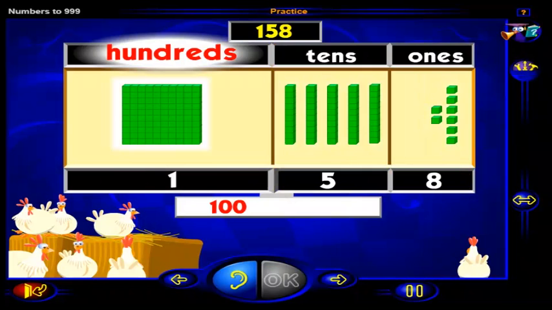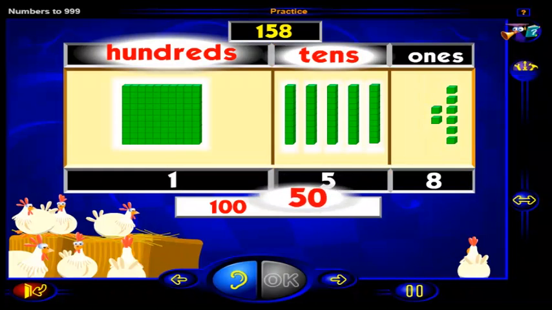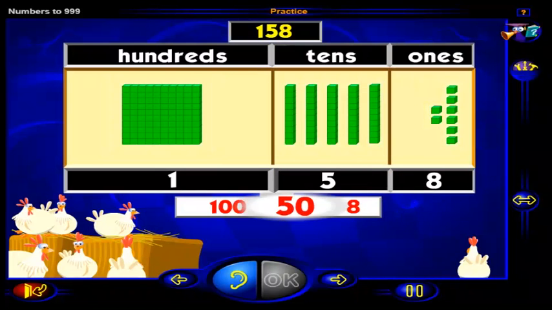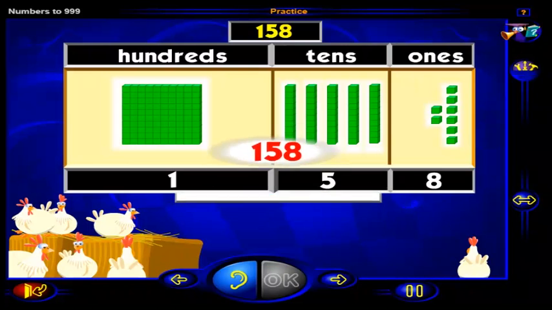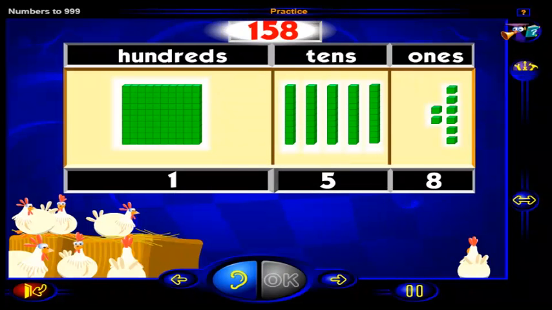The value of the tens place is 10, 20, 30, 40, 50. And the value of the ones place is 8. 50 and 8 more is 58. And 100 and 58 more is 158. These blocks show the number 158.